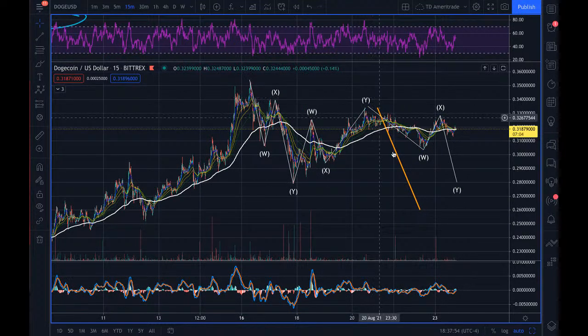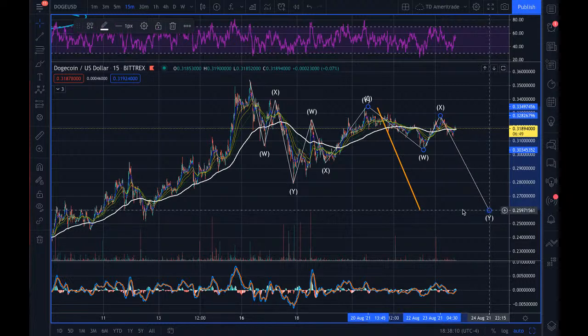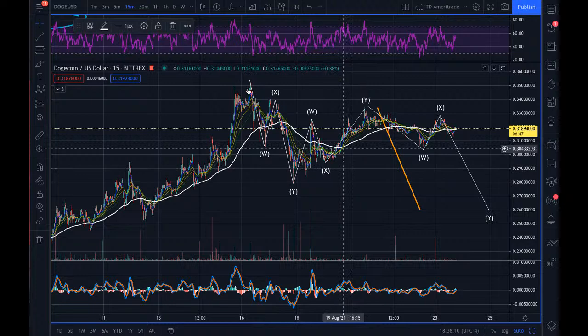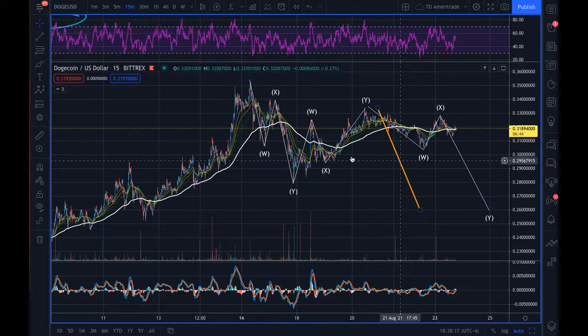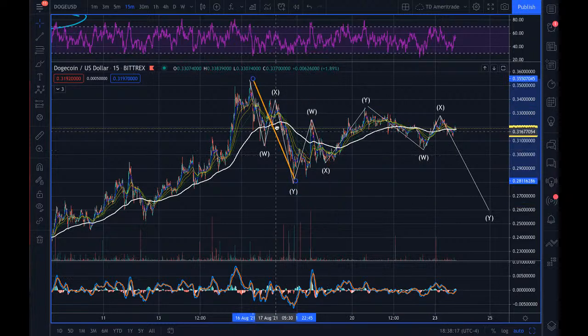So I have a line drawn right here, somewhere along here. We saw 3 waves down right here, and that wave was this tall.